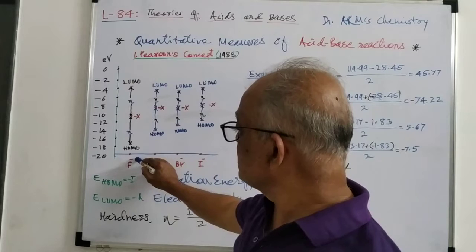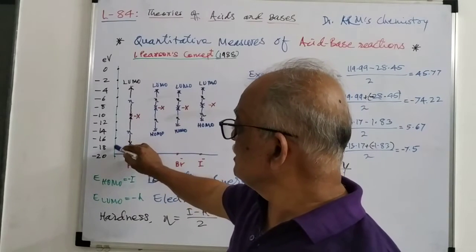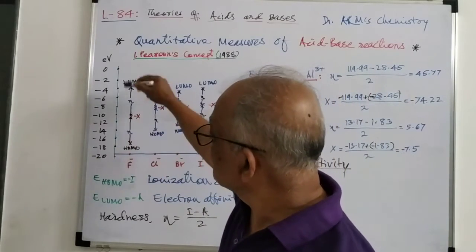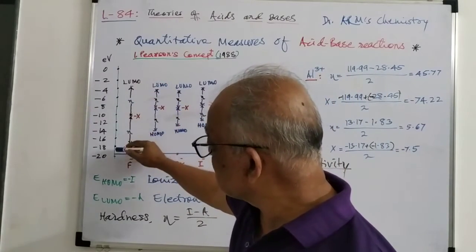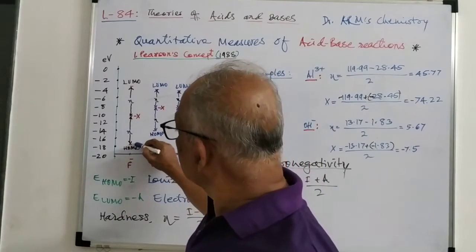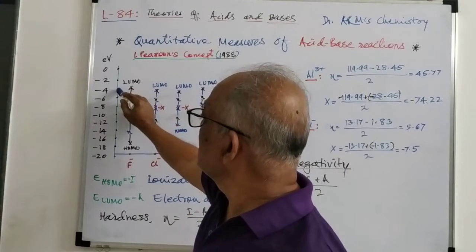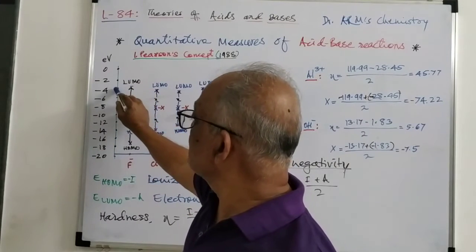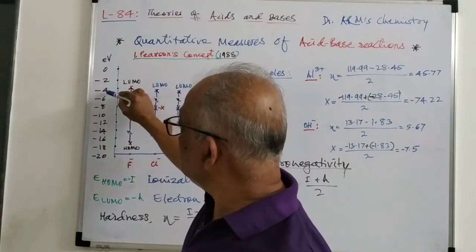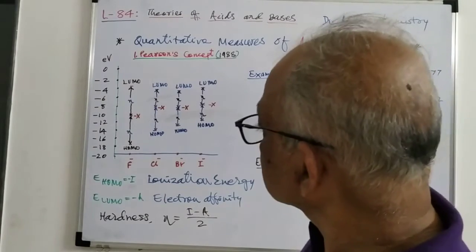Here the HOMO has values on this axis, and the LUMO has values on this axis, just above minus 4. We have taken 0 electron affinity, and all these values carry a negative sign.